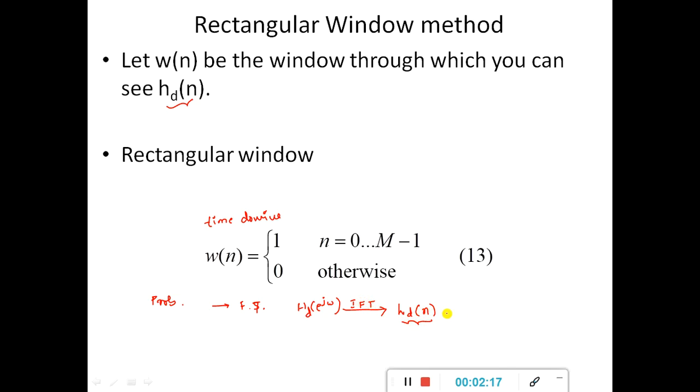This will be an infinite impulse response, and I will multiply the window function w(n), with n values ranging from 0 to M minus 1. With this, hd(n) becomes h(n), which has a finite impulse response, hence the name FIR filter.